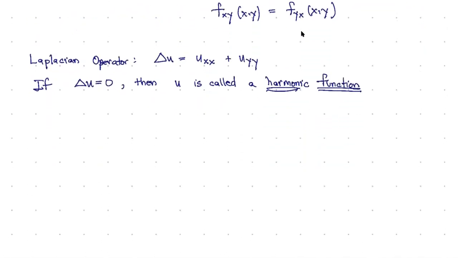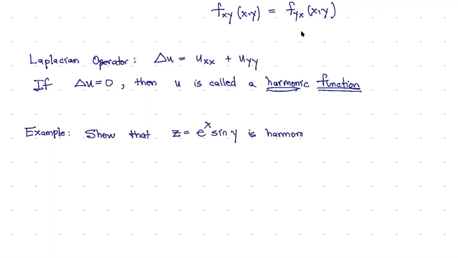So I'd like to spend a little time devoting to at least learning how the Laplacian works. So let's take a look at the following example. I want to show that z equal to e to the x sine of y is harmonic.